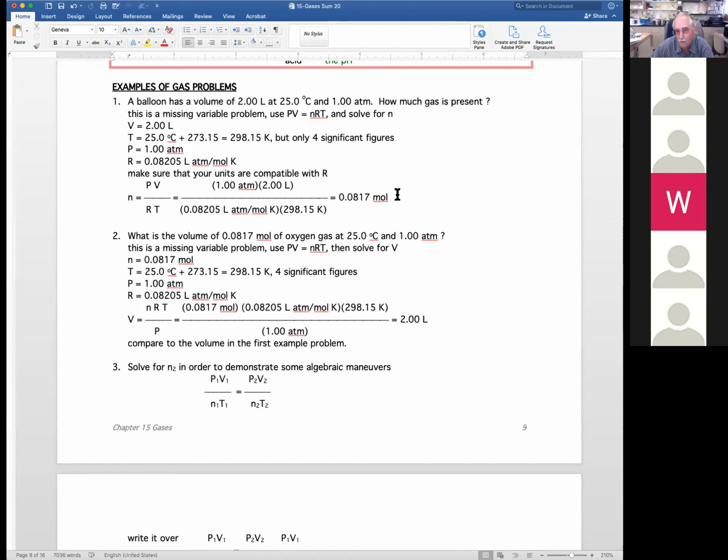So what's important here is that you do the algebra correctly and that you make sure all your units are compatible and they actually will cancel out. If I use torr over here and atmospheres over here, it's not going to work. If I use milliliters here and liters here, it's not going to work. And you always have to use Kelvin.